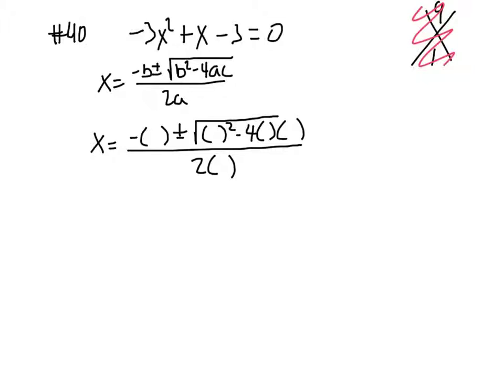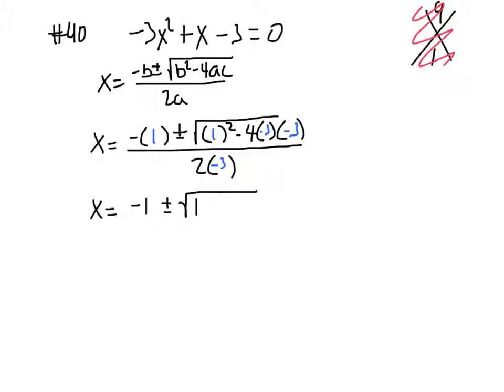All right, so what are we plugging in for A? -3. B? 1. C. -3. So x equals -1 plus and minus the square root of 1. And now what's -4 times -3 times -3?